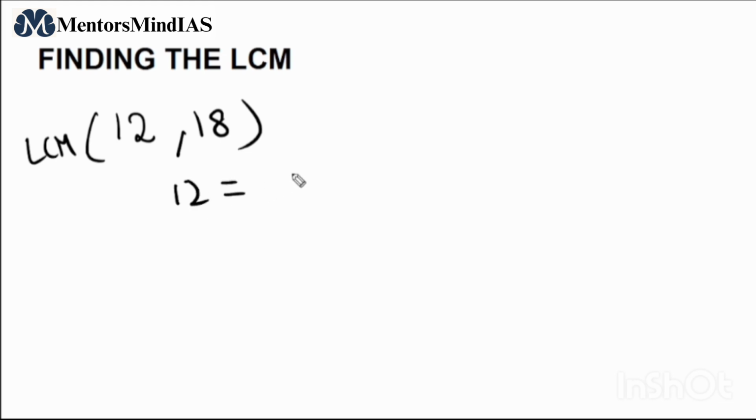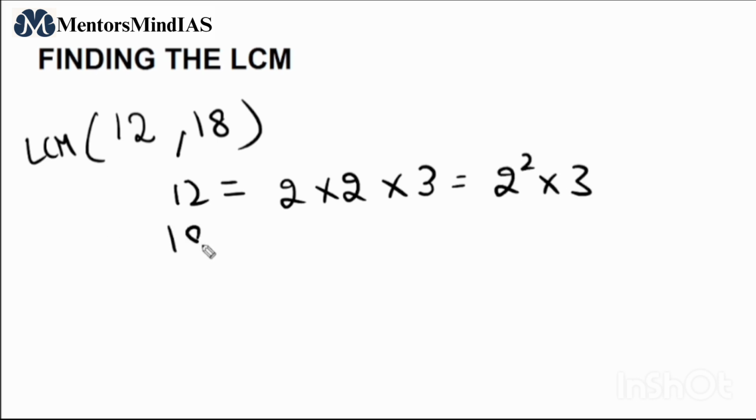Say you have to find the LCM of 12 and 18. 12 can be written as 2 into 2 into 3, which is equal to 2 square into 3. 18 is 2 into 3 into 3, which is 2 into 3 square.